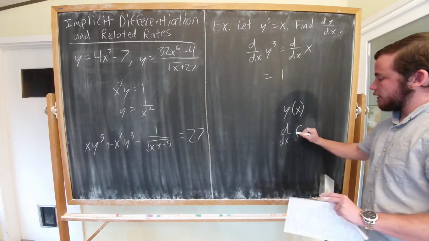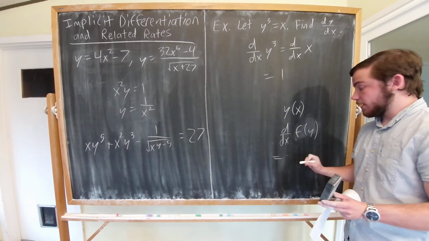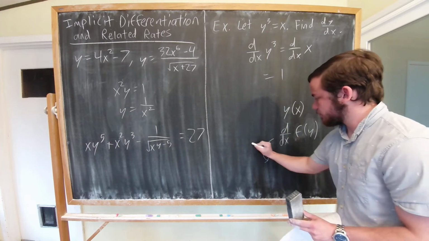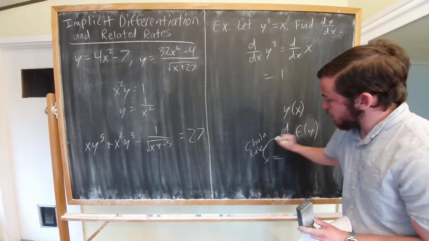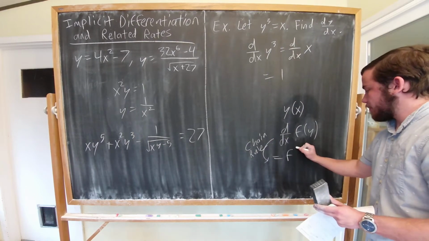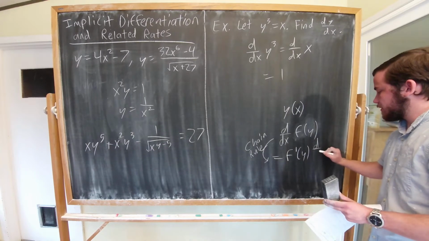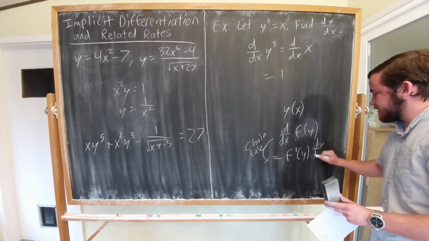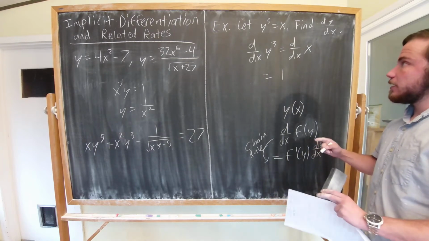d/dx of a function of y, by the chain rule, is going to be equal to f prime of y times dy/dx. And we want the dy/dx, so that's good.